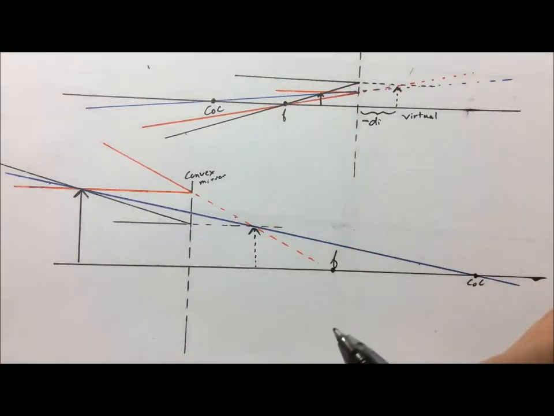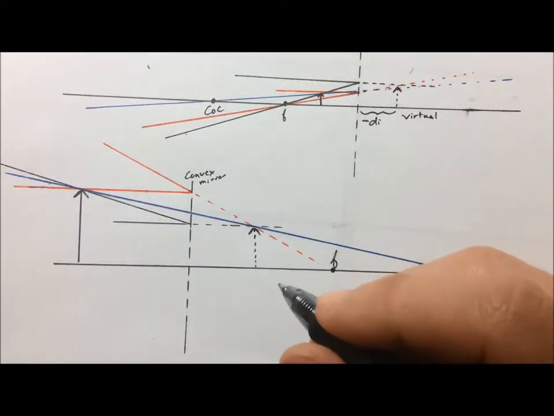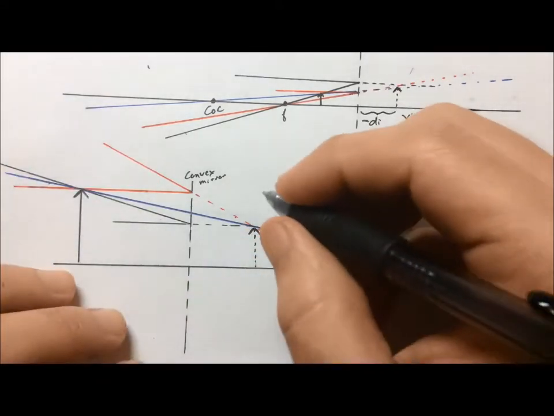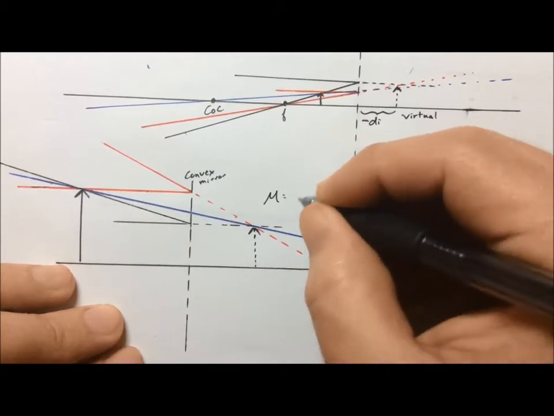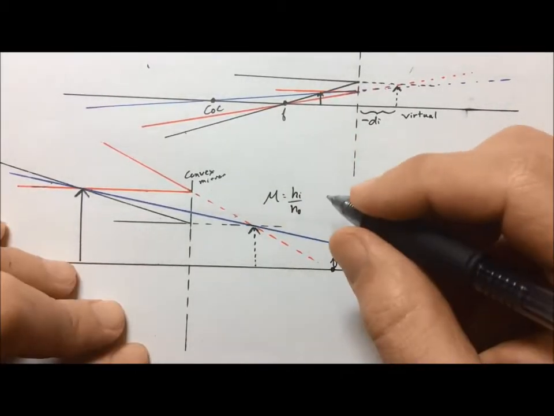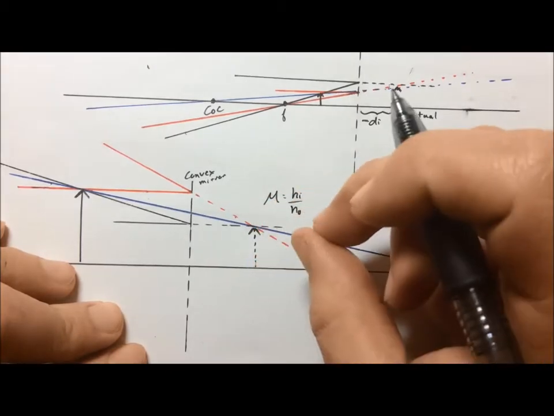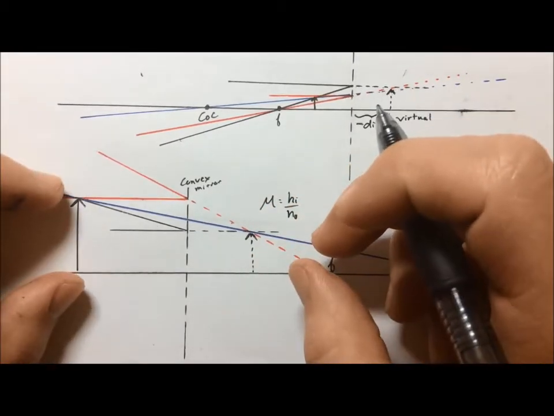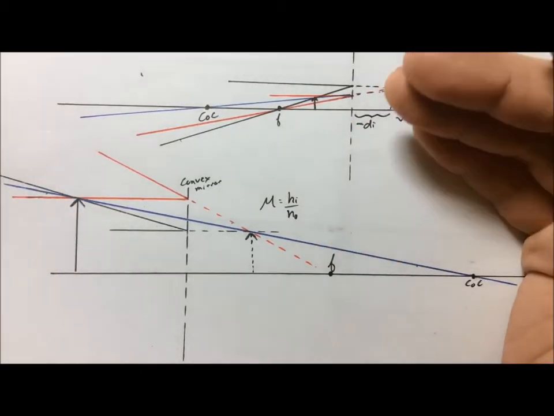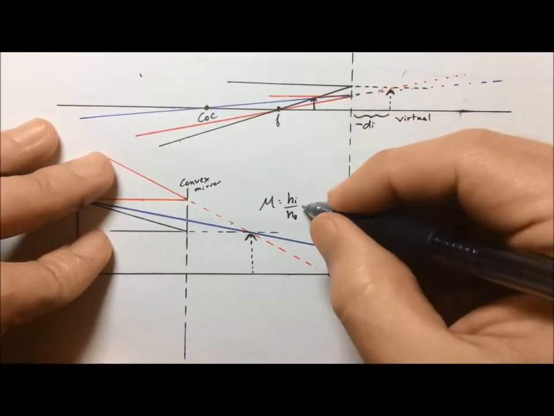But this image is virtual. It's right side up. It's reduced. And so as far as our magnification goes, remember that's HI over HO, high over ho. HI is smaller, less number. HO is bigger, bigger number. We get a number that's probably going to be a decimal here, plus it's going to be positive because the thing didn't flip upside down.